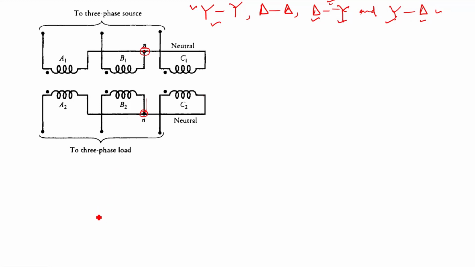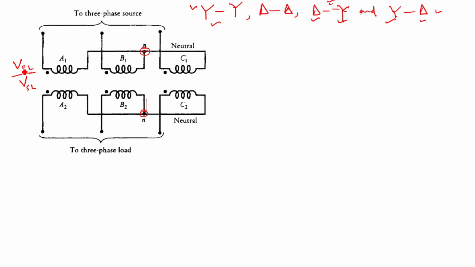Suppose I want to draw the phasor diagram for phase voltage and line voltage. Generally, for three-phase transformers, the nominal voltage ratio we measure in terms of line voltage, VPL by VSL, right?